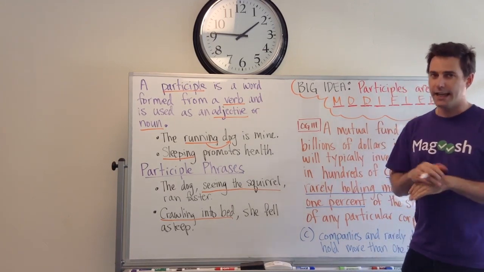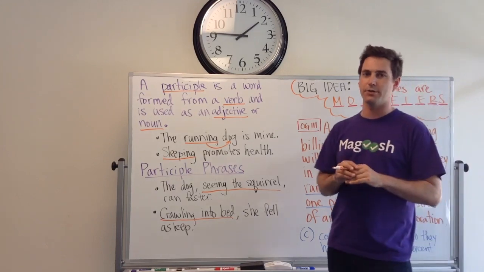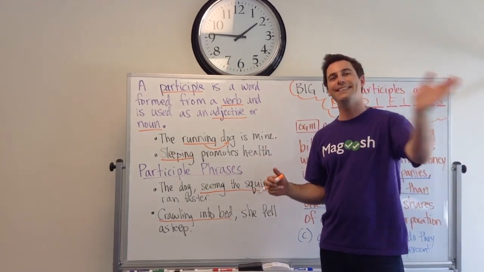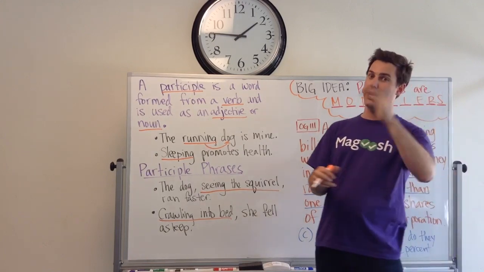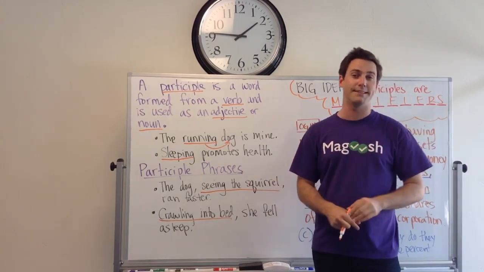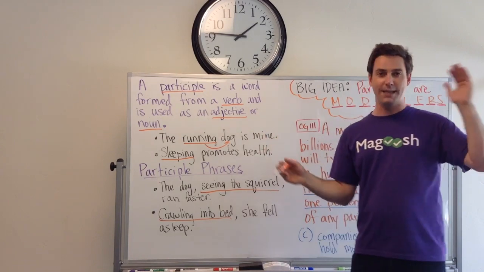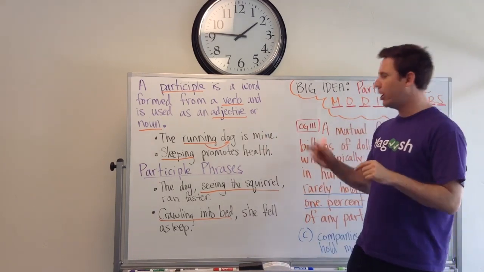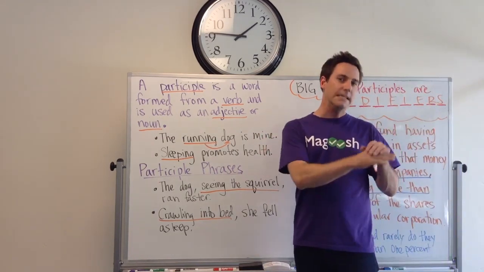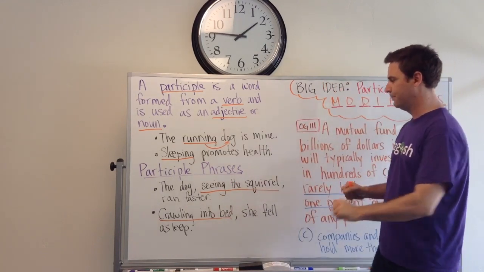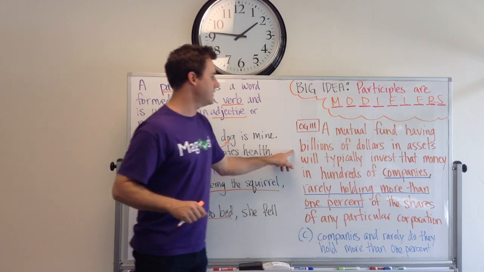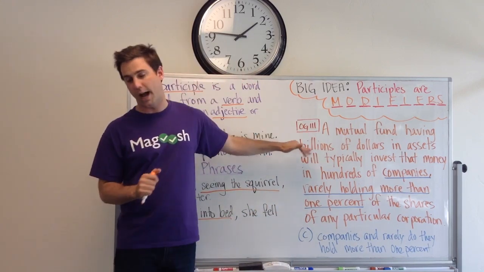The key is to ignore the participle. Get the phrase out of the way, and like I said in my previous video about cutting out the fluff to get to the core meaning, participles and participle phrases need to be cut out so you can get directly to the meaning of the sentence.